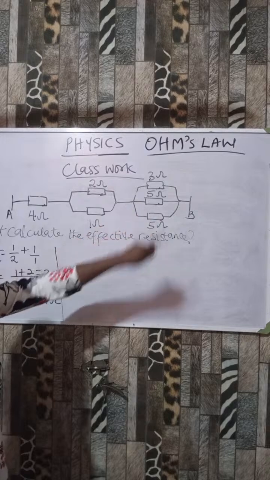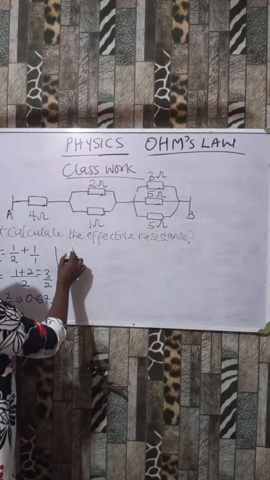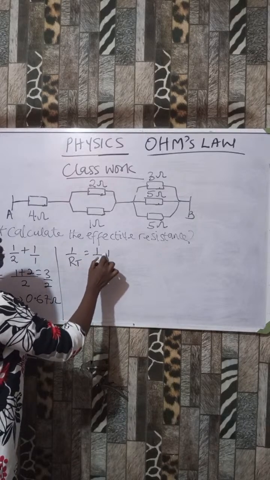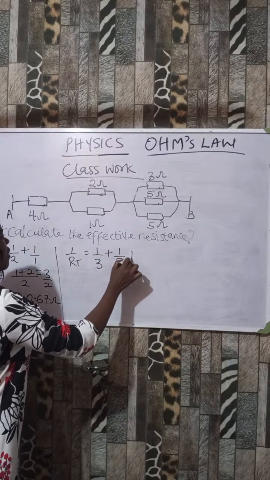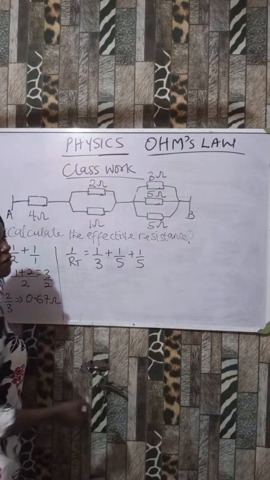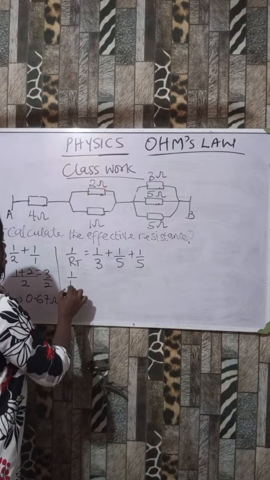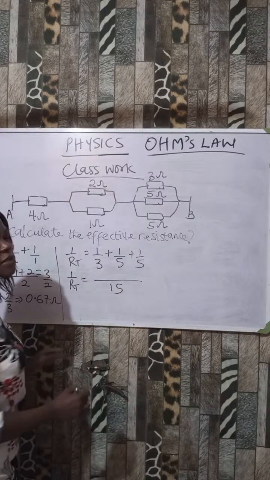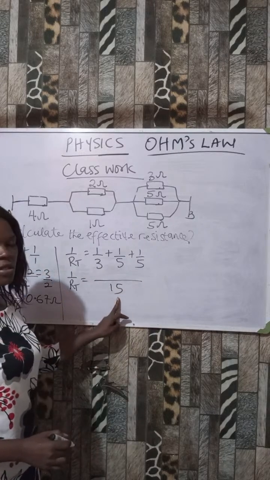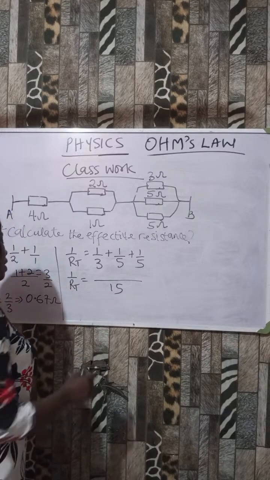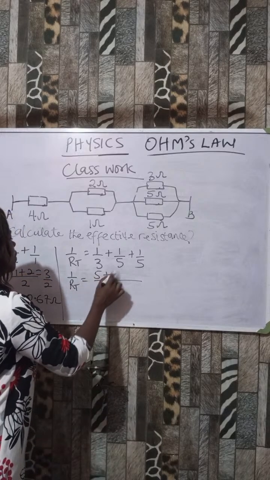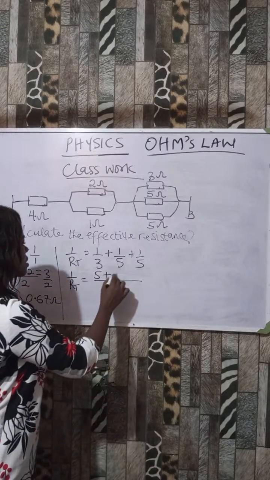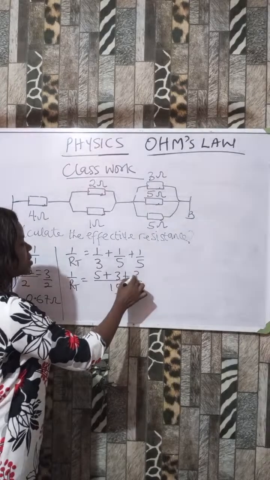So let's solve for these three that are in parallel too. So 1 over R total is equal to 1 over 3 plus 1 over 5 plus 1 over 5, right? Okay. So my LCM is going to give me what? 15. 3 into 15 is going to give me 5. 5 times 1 is 5 plus, this is going to give me 3. 3 times 1 is 3 plus the same thing, right?